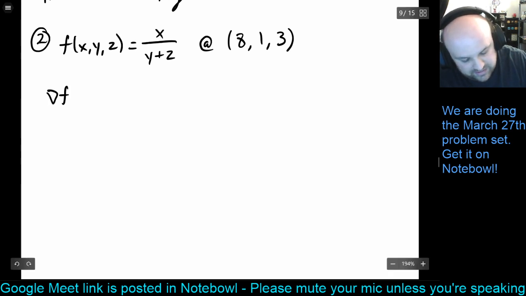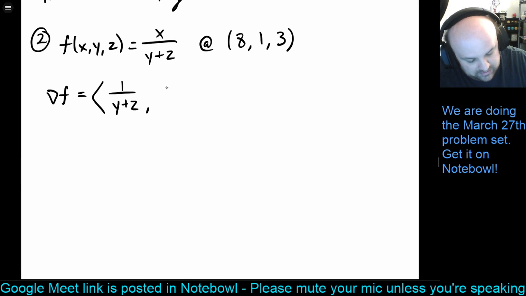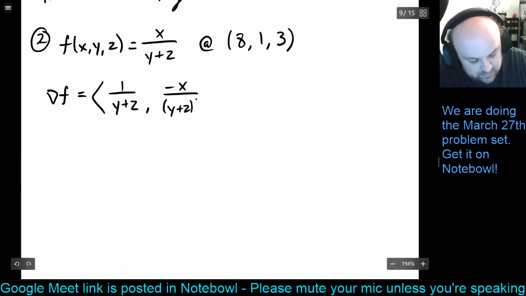So gradient of f, differentiate with respect to x. We get 1 over y plus z. Differentiate with respect to y. We're actually going to get negative x over y plus z squared. And we get the exact same thing when we differentiate with respect to z. It's kind of neat.